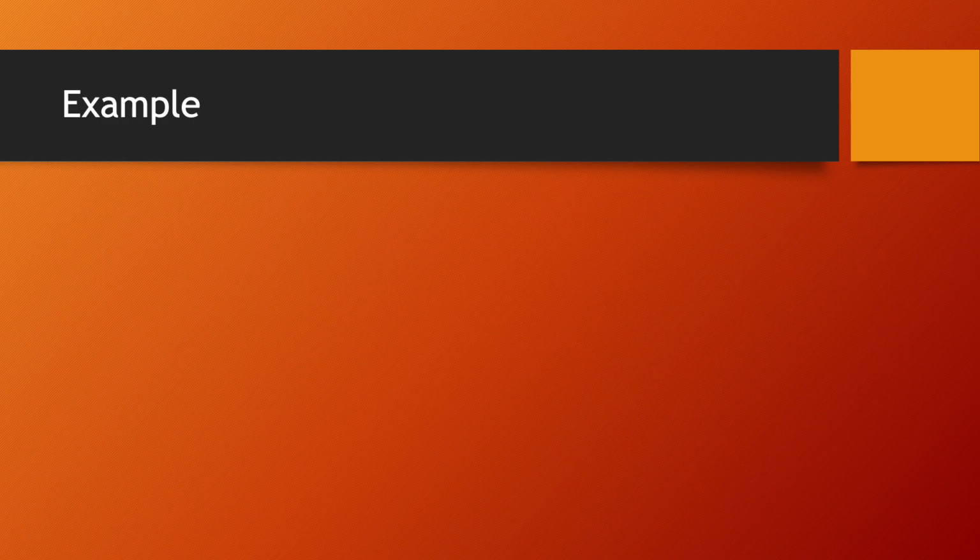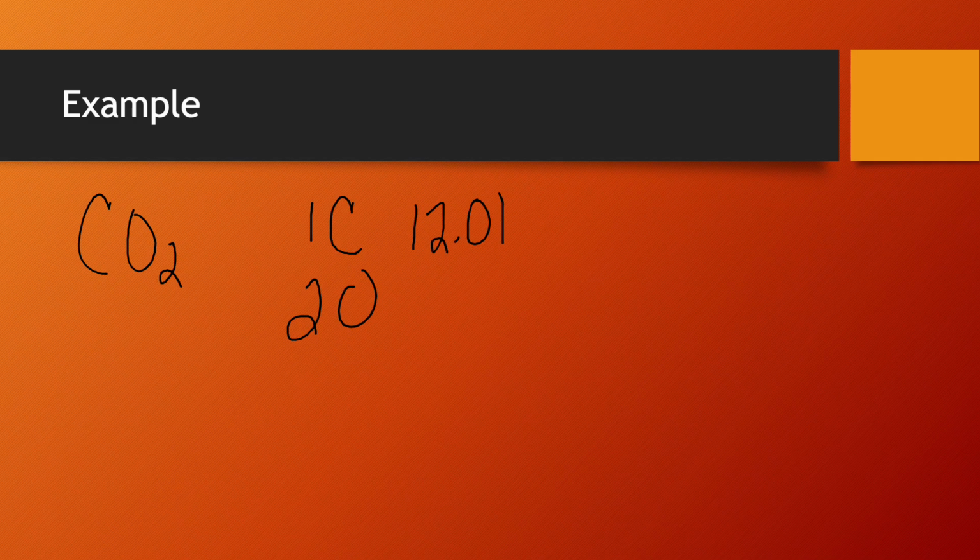Let's look at carbon dioxide. There's 1 atom of carbon, and that has an atomic mass unit of 12.01. And then we have 2 atoms of oxygen, at 16.00.